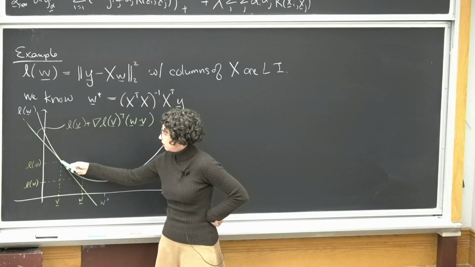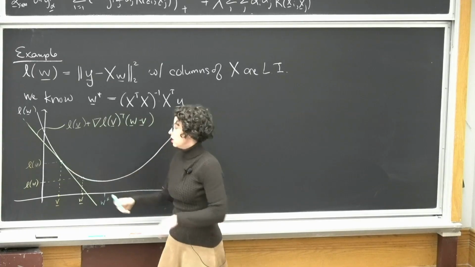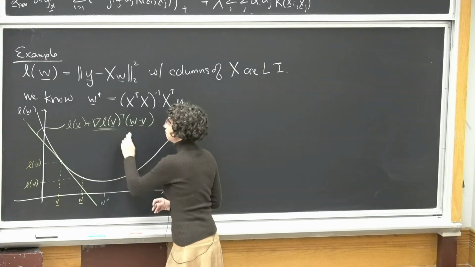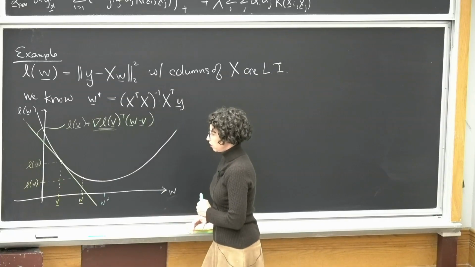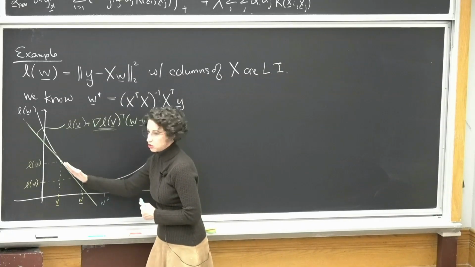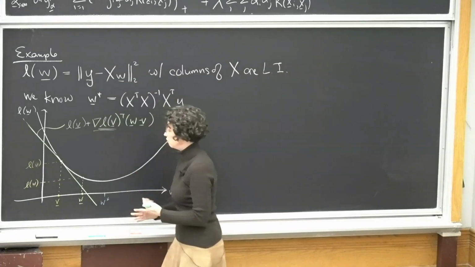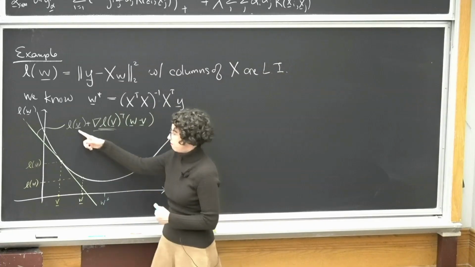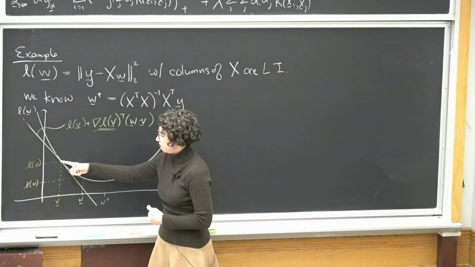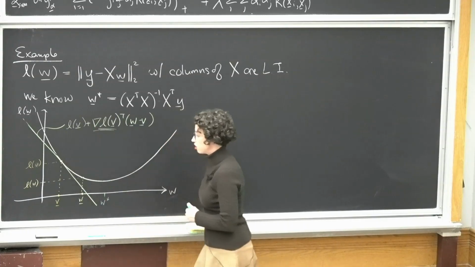So the slope of the green line is my gradient or derivative at V. So my tangent has the same slope as my function, as tangents do. And I have then offset it by L of V, so it's the right height, so it's touching my function right there.